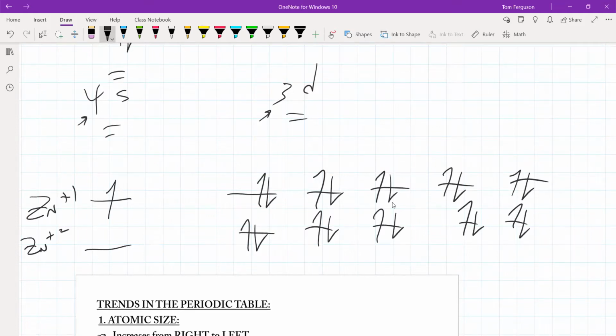Why? Because zinc plus 1 just has that 1 electron there, but zinc plus 2 is just empty. Yeah, you can make a case saying that this is half full here, right? And this has got nothing here. But with nothing there, that means it doesn't count at all. And we're just looking at a full subshell here.